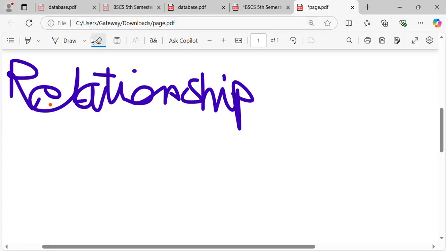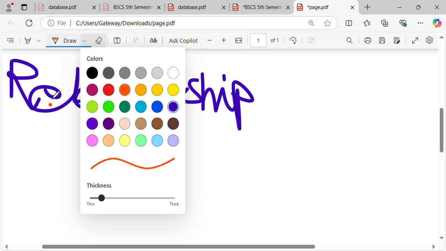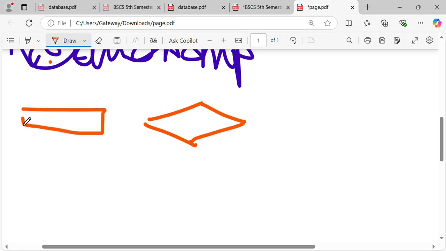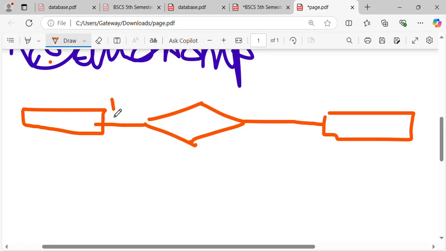But in the one-to-one relationships, how do we actually do it? We basically use a diamond to represent a relationship between two squares, or I always call squares rectangles. Okay, so maybe this has a one-to-one relationship. For example, a person can have one ID card or a passport or whatever.